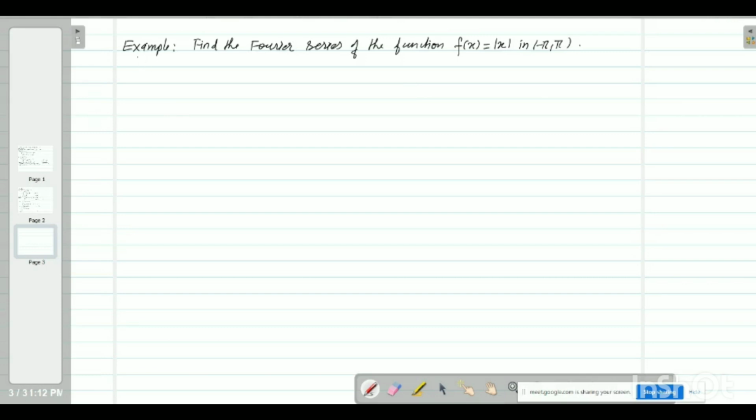Hence deduce that pi square by 8 equal to 1 upon 1 square plus 1 upon 3 square plus 1 upon 5 square plus 1 upon 7 square and so on.